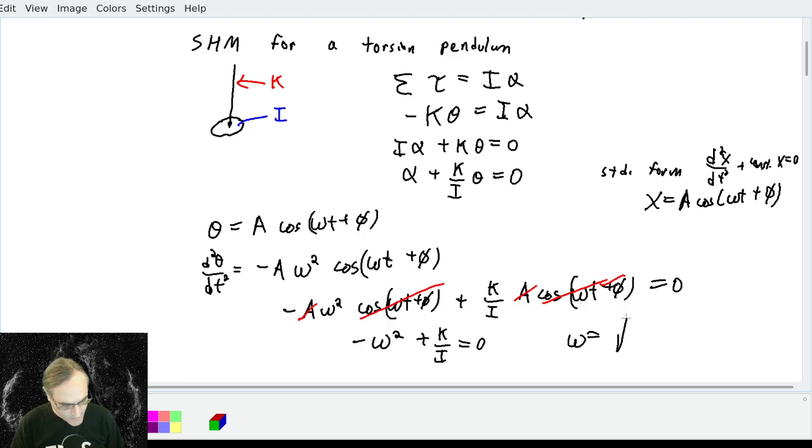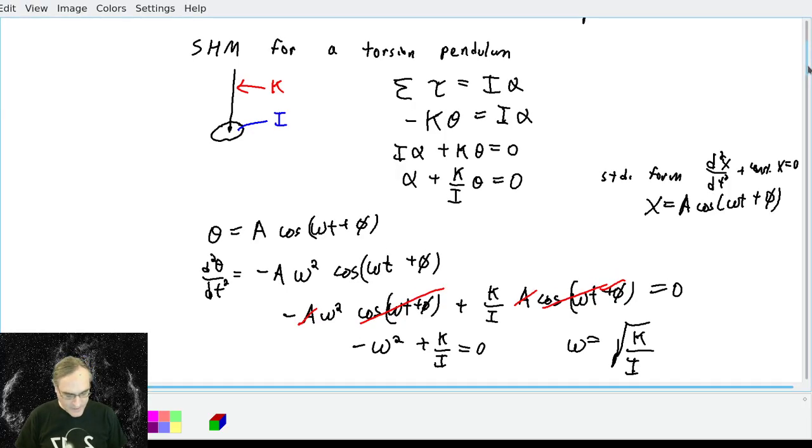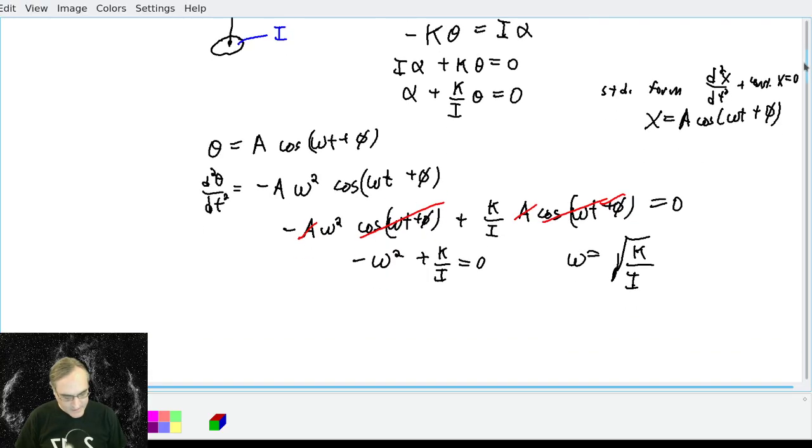So omega would be the square root of our elasticity, how hard it is to twist, divided by the resistance to twisting, which is the moment of inertia. This also tells us that the period would be 2 pi square root of the moment of inertia over the springiness.